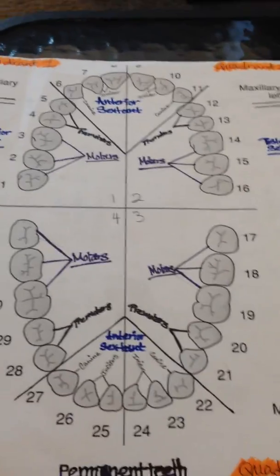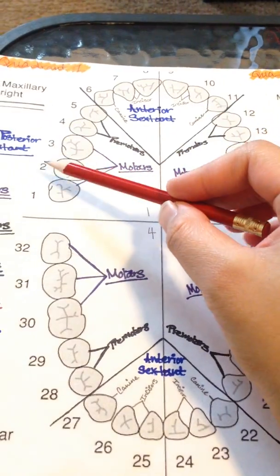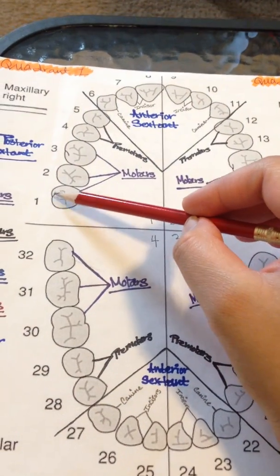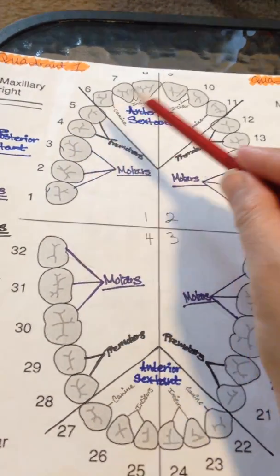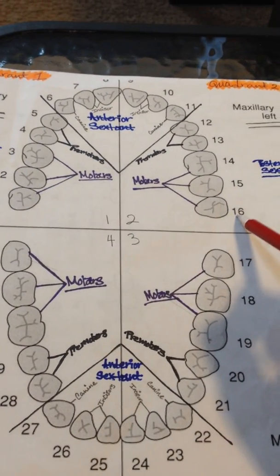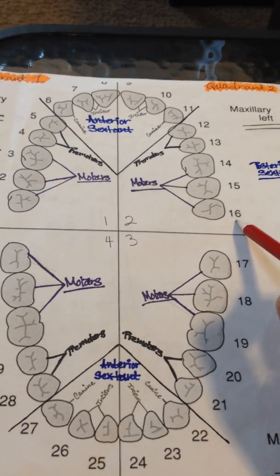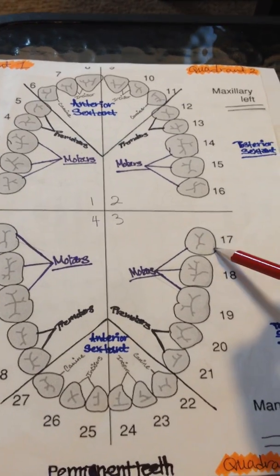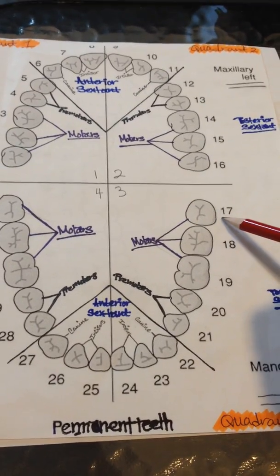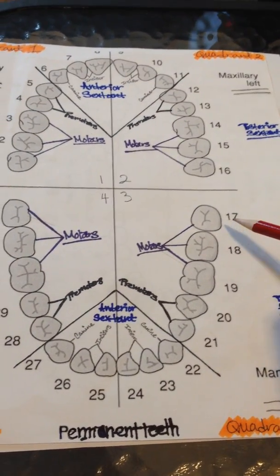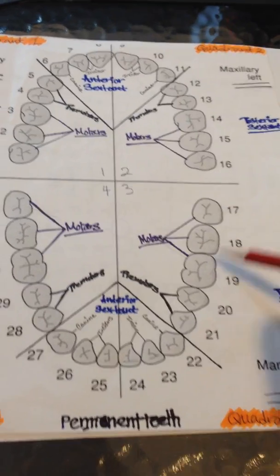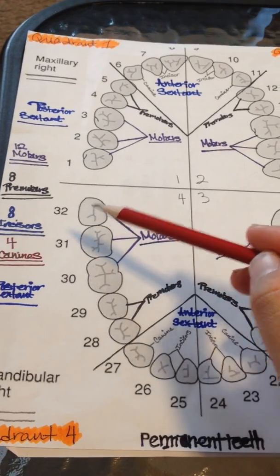Then you see how we're using the universal. You count from your upper right maxillary to your upper left maxillary, and then from your lower mandibular on the left, start from 16, continue on from 16 all the way to 32.